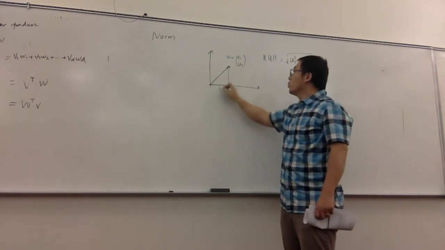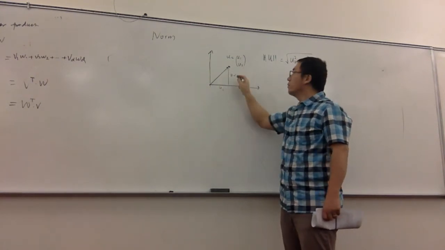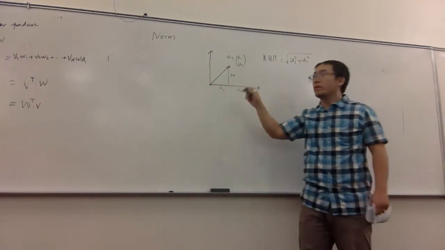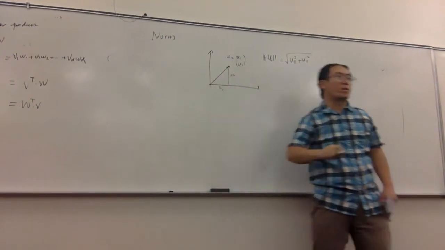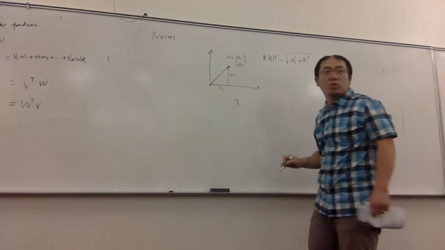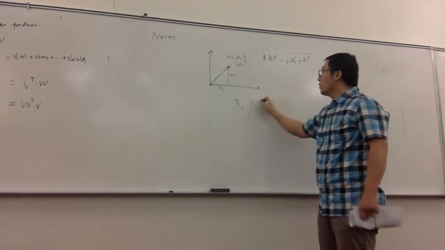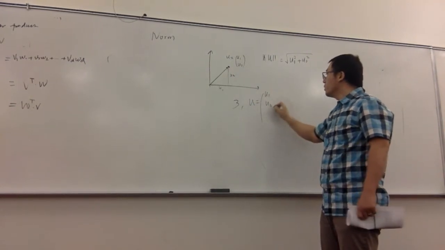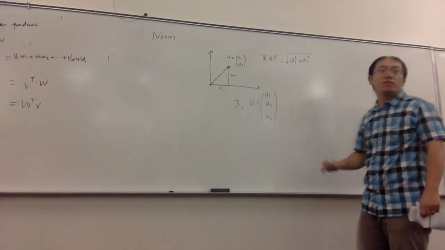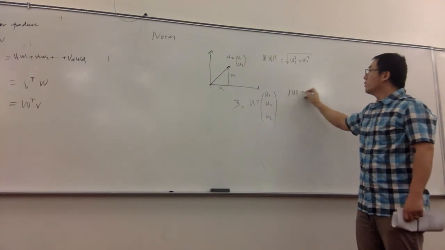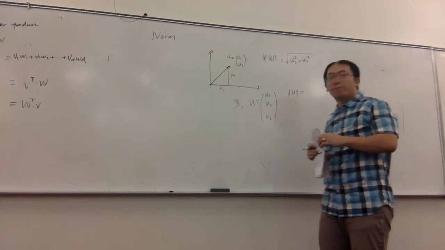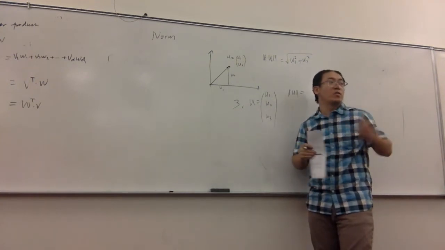This is u1 and this is u2, and it is a right triangle. And similarly, in a three-dimensional space such that your vector u is u1, u2, and u3, then what's the length of u? You just take the square sum of the x, y, z coordinates and take the square root.